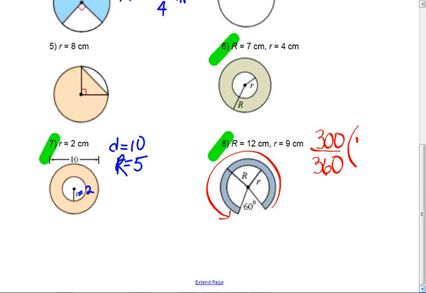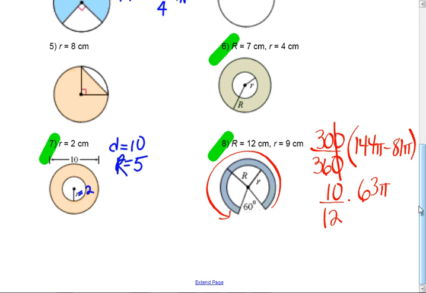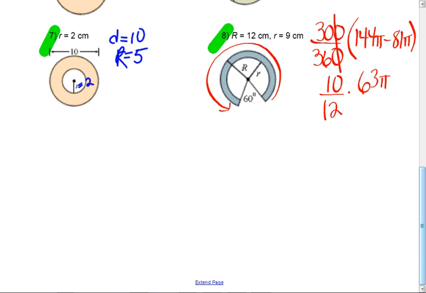So then it's going to be 144 pi minus 81 pi. 63 pi? That's fine. You can use a calculator, or I can still go further. Did we get 300 over 360?